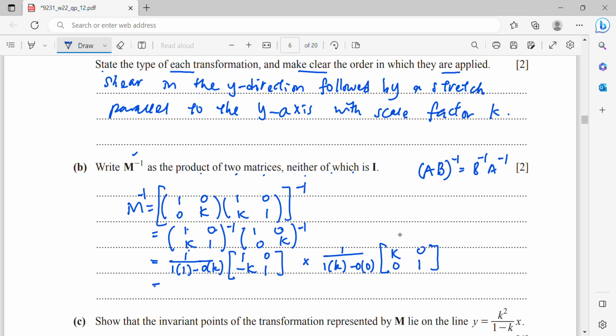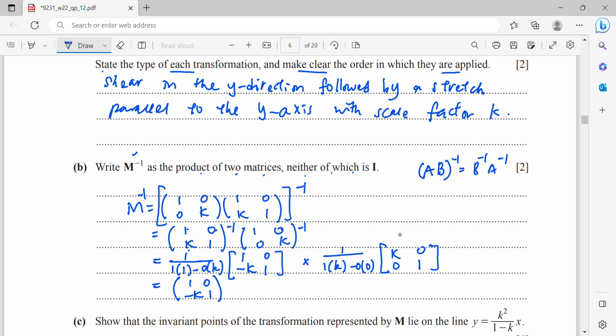So now, the first determinant, 1 times 1 is 1, 1 minus 0 is still 1. Therefore, the first determinant will not be affected. 1 over the determinant will not affect the answer. So I will just write [1 0; minus k 1].